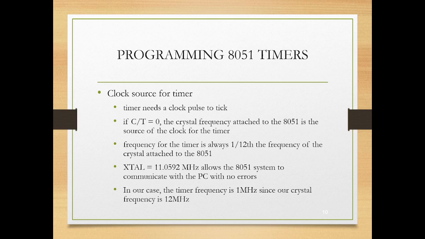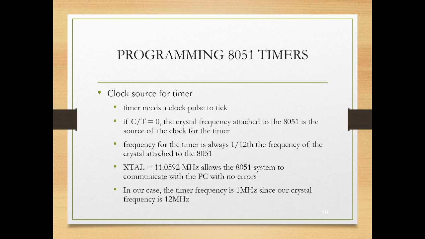A very important condition that we need to observe here is the clock frequency. We need to calculate the clock frequency, because the internal circuitry of the microcontroller provides the timer with 1/12 of the frequency of the crystal attached to the microcontroller's machine cycle.